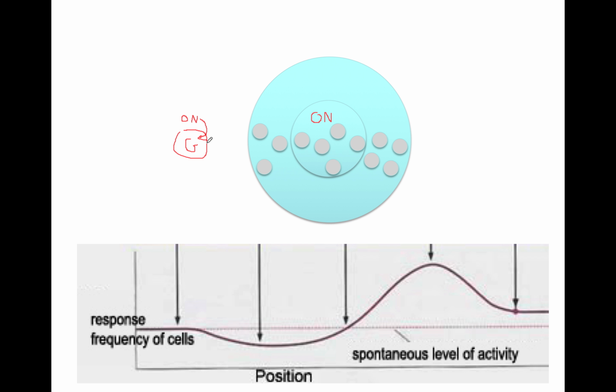So this ganglion cell is getting input from bipolar cells that are here. Good Lord, this is very professional. There's probably a better way to do this. Bipolar cells here. And these bipolar cells are connected to photoreceptors.